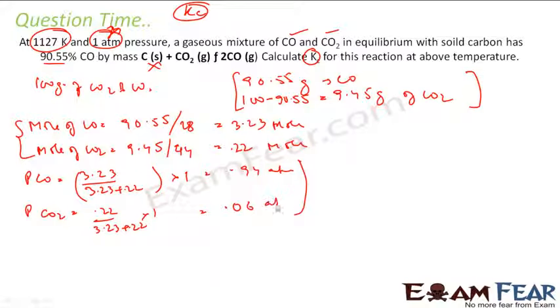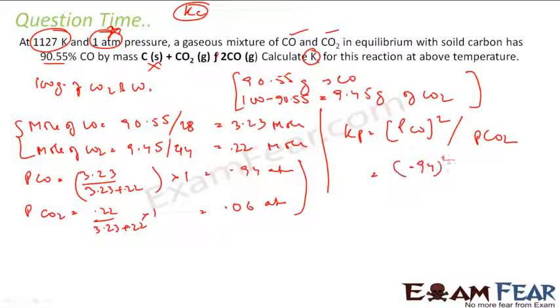With this I can find Kp easily. Kp is the partial pressure of CO to the power 2 by the partial pressure of CO2. This is 0.94 squared by 0.06. You solve this, you get 14.25 atm. That is the value of Kp.